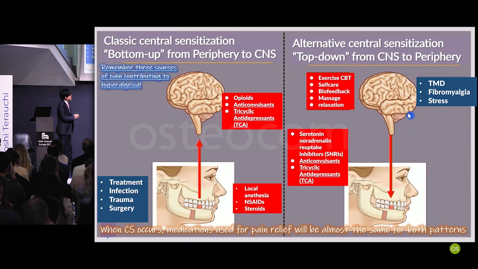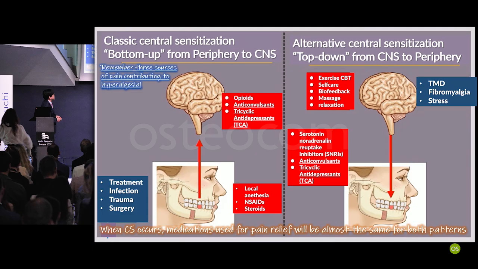When the patient has trauma, like a psychological trauma, or maybe the patient was depressed, then patient suddenly remember the pain. So this is called top-down from CNS to periphery. And this is called bottom-up from periphery to CNS.